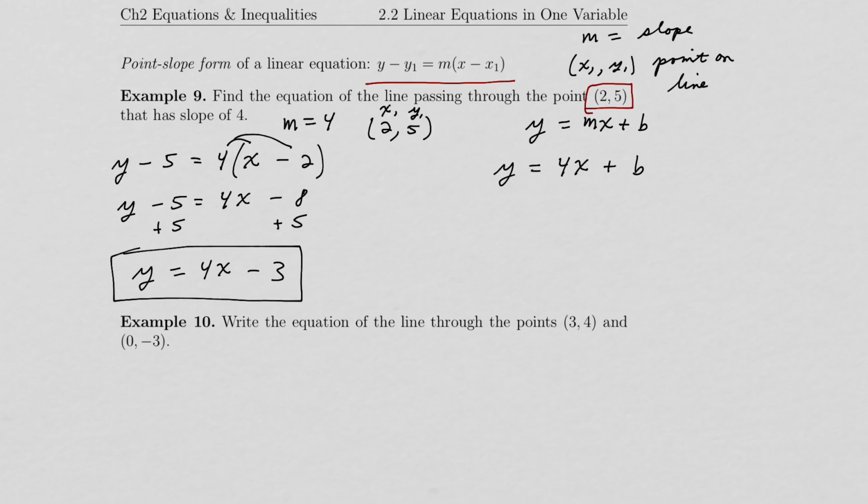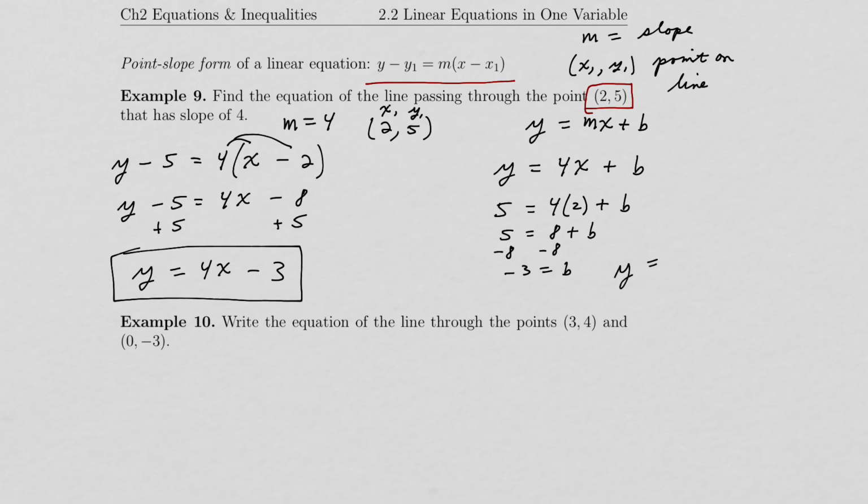So now I can say, okay, y is 5, x is 2, and then so I have 5 is equal to 8 plus b, and then to get b by itself, I'm going to subtract 8. So b here is going to be negative 3. And now I have the equation of my line, right?